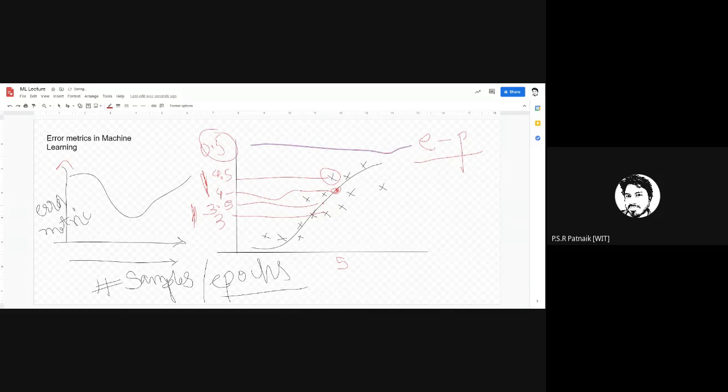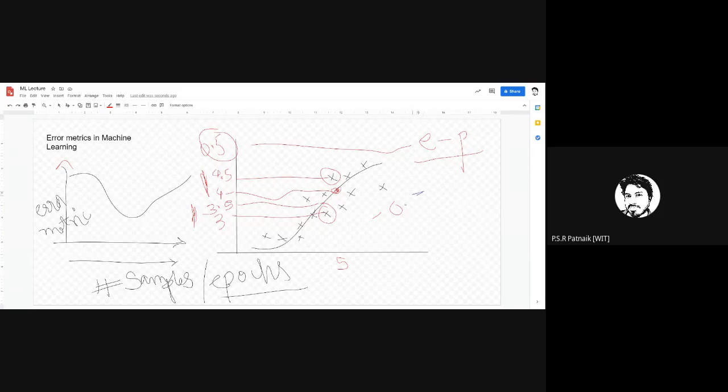But for this point, can you tell me what the difference will be? The difference will be minus 0.5: expected is 3, 3 minus predicted 3.5.